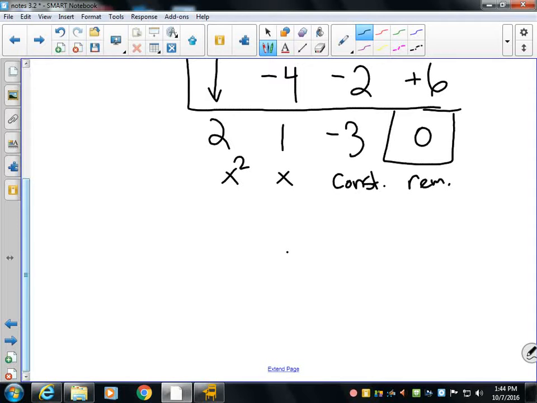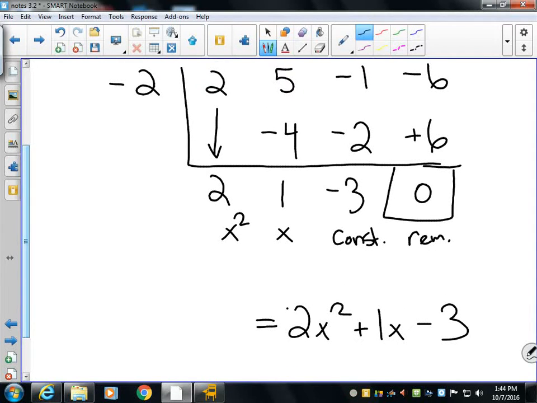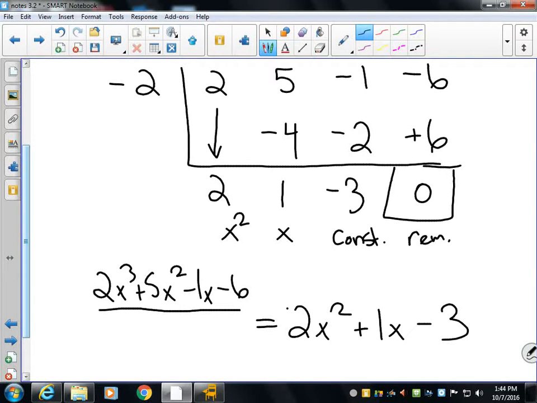So my answer is 2x squared plus 1x minus 3. That's equal to, what was my original question? 2x cubed plus 5x squared minus 1x minus 6, all divided by x plus 2.